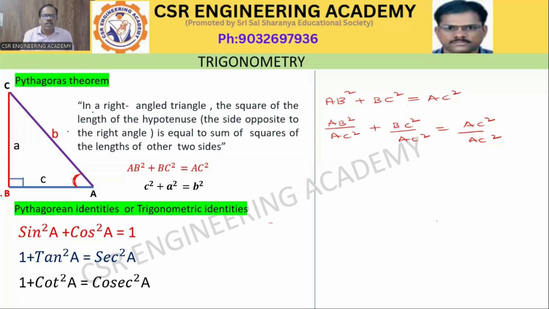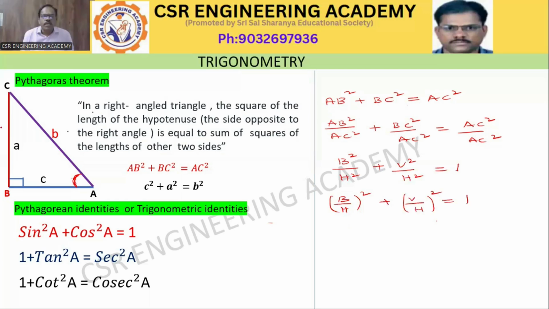Here AB is base, that is b square, by AC is hypotenuse, that is h square, plus BC is vertical side, that is v square, by AC hypotenuse, that is h square, is equal to 1, as AC square gets cancelled. B by h whole square plus V by h whole square is equal to 1.